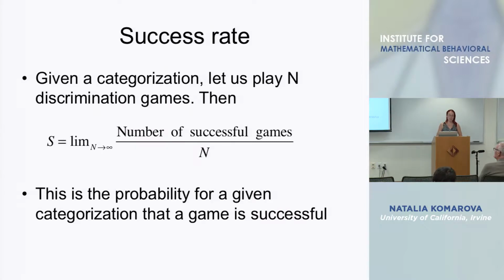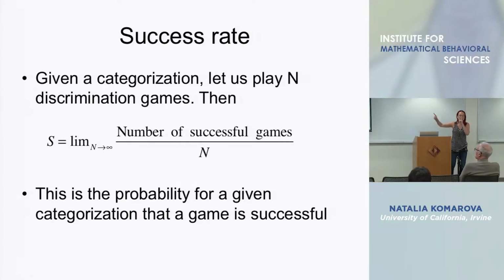The success rate is we play these games over and over and over. Actually, just 1 person is playing this game. And what's the probability that the game is successful as time goes to infinity? So what is the best categorization that maximizes success in this game of just 1 individual?